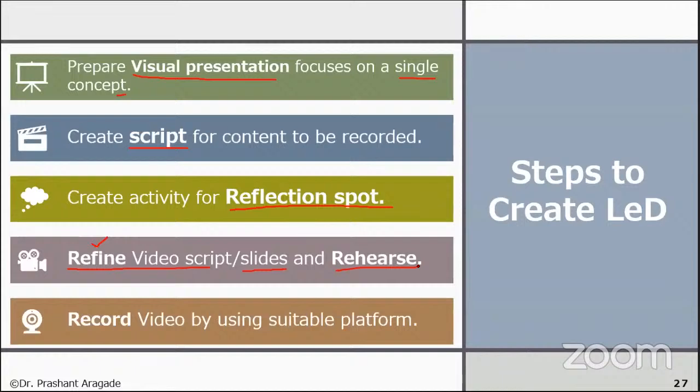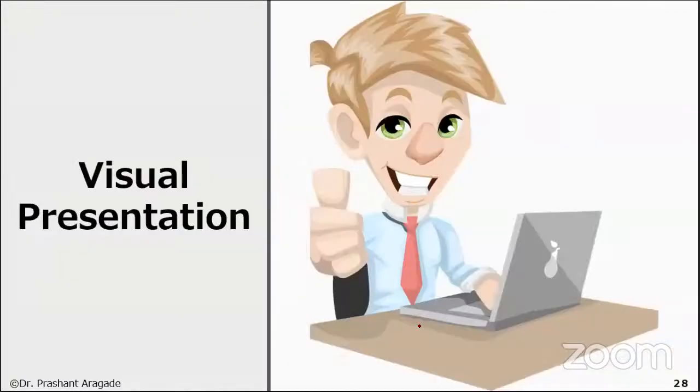And then finally, you can go for the recording by using suitable platforms. Nowadays, there are so many platforms, you are aware of that, and most teachers are now using them. Depending on your content, you can choose a suitable platform to record the video. Okay, so these are the steps for the creation of an effective educational video, or you can say the LED.